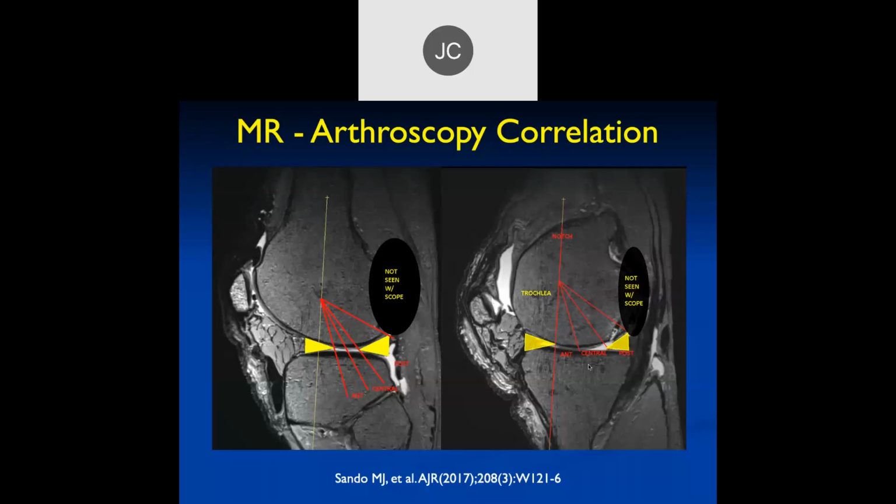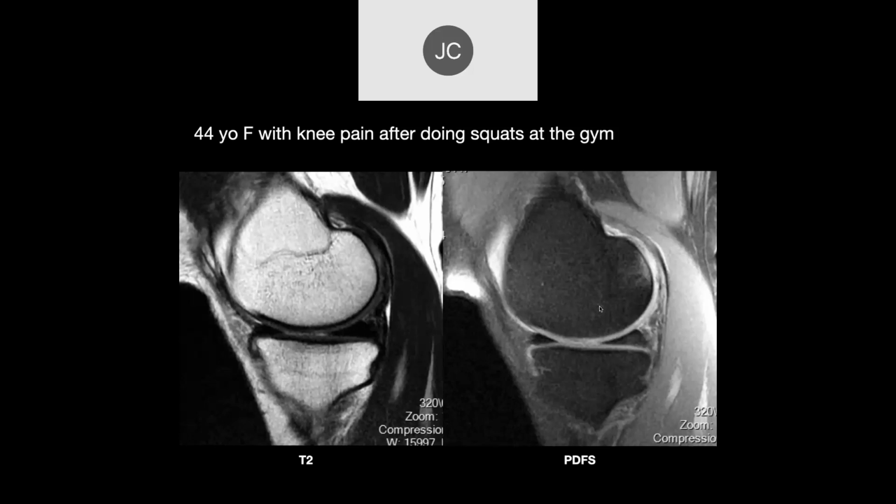So we found that much of the discrepancy that we had between MR and arthroscopy actually had to do with something that we didn't realize was the case, which was the limited ability for arthroscopy to evaluate the entire articular cartilage. Actually, we published this in American Journal of Roentgenology.